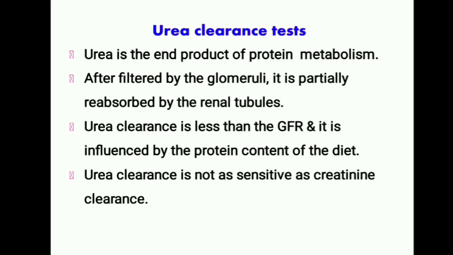Urea clearance test. Urea is the end product of protein metabolism. After being filtered by the glomeruli, it is partially reabsorbed by the renal tubule. Urea clearance is less than the GFR and it is influenced by the protein content of the diet. Urea clearance is not as sensitive as creatinine clearance.